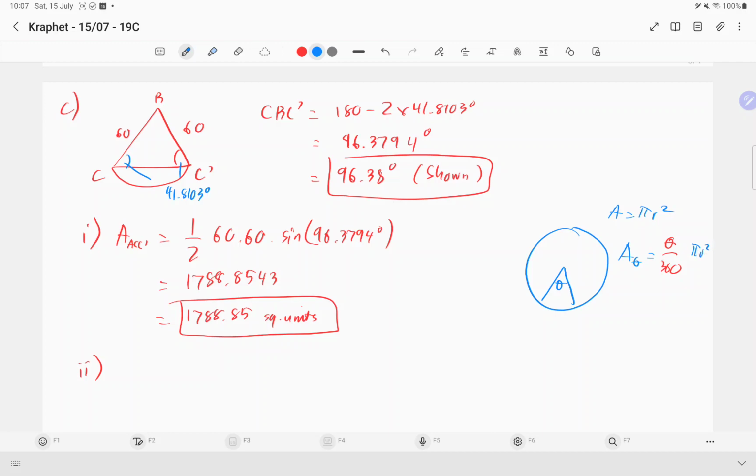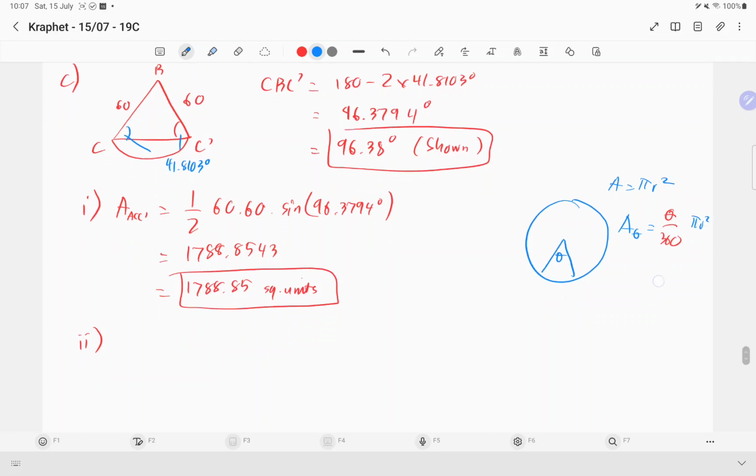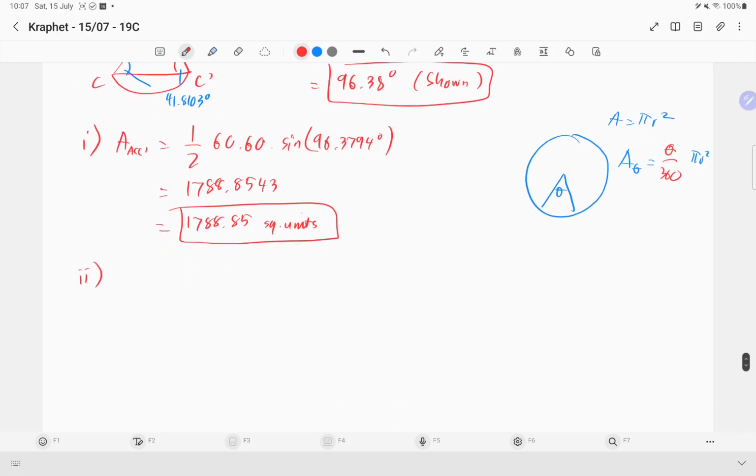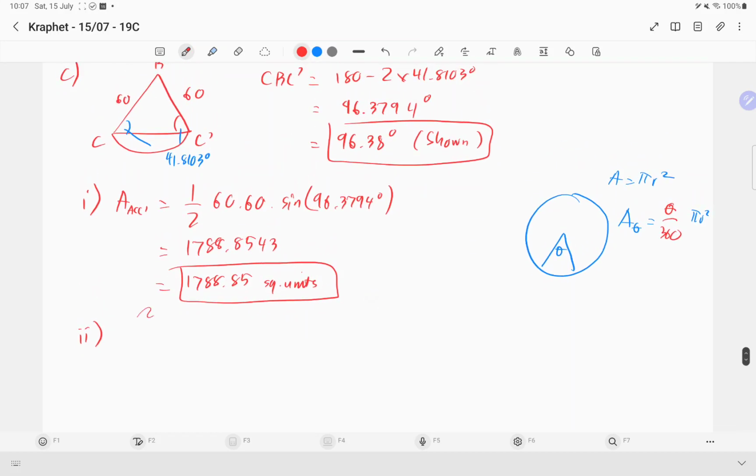Oh yeah. So that's why this one is the same idea. The sector is just going to be the angle CBC dash, which is 96.3794 over 360. That's the portion of the circle we are taking the area out of. And then times by pi times 60 squared.